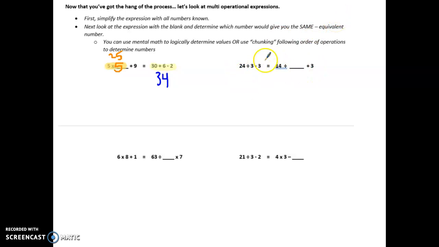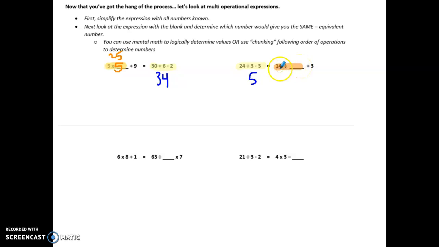So over here, next to it, we have 24 divided by 3 minus 3. If you notice, that's the expression that has everything we need. So we're going to simplify that out, and you should get an answer of 5. Then on the right-hand side, we have 14 divided by something, and then plus 3.